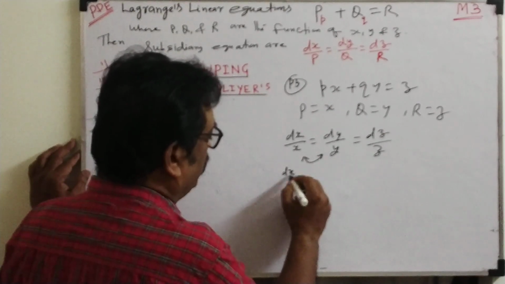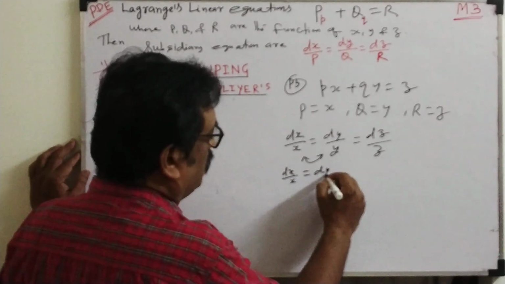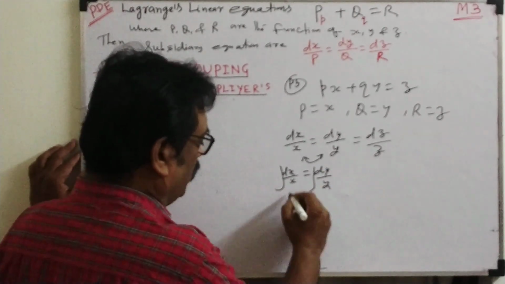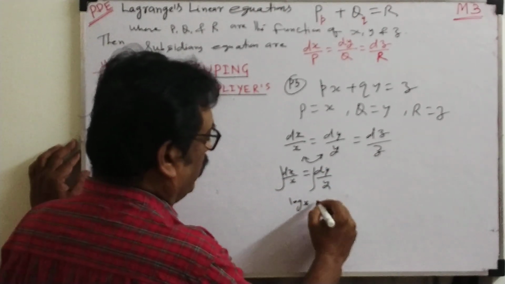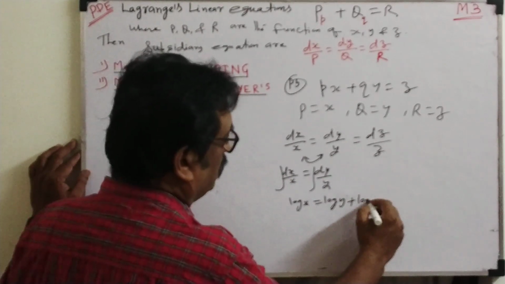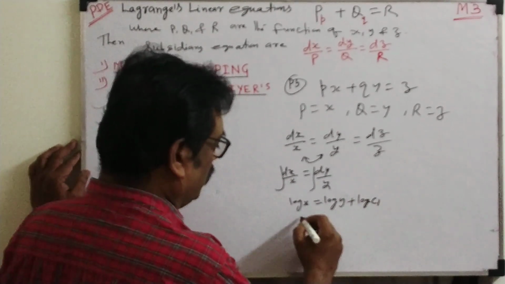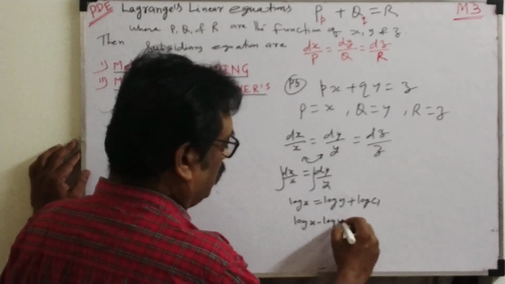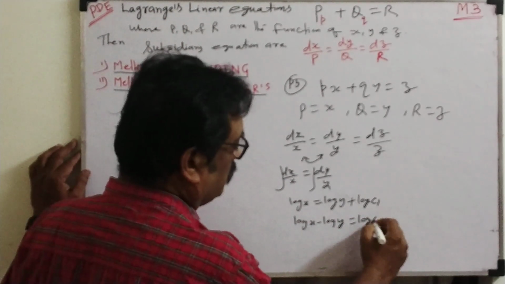What will come? dx by x equal to dy by y. Integrate both sides. We get log x equal to log y plus log c1. So log x minus log y is equal to log c1.